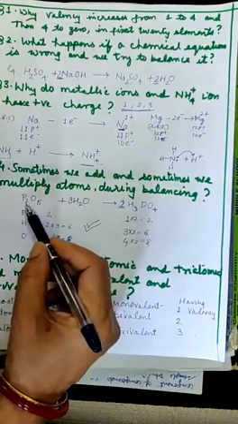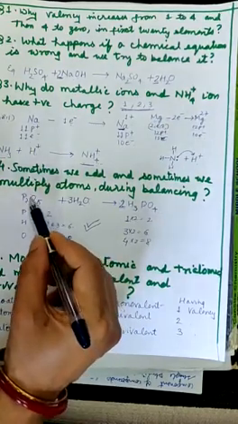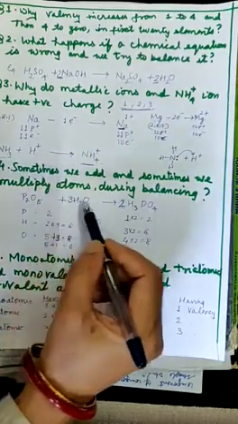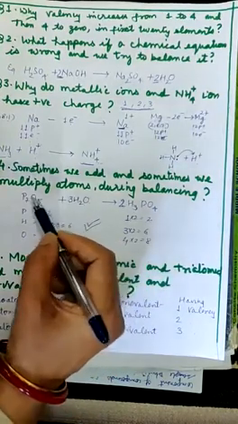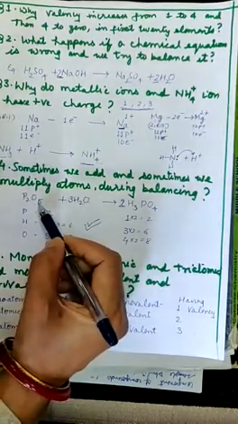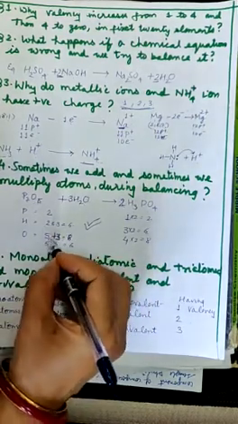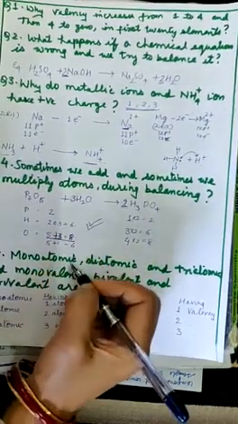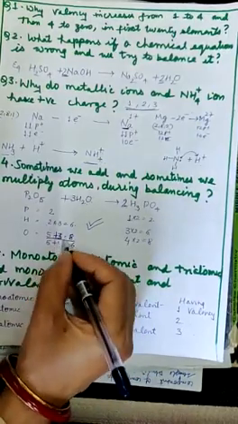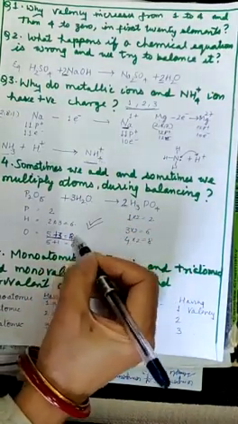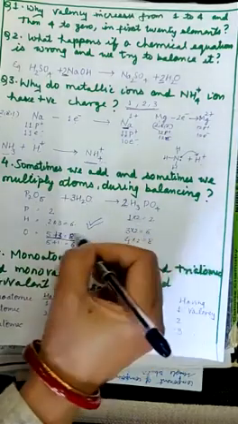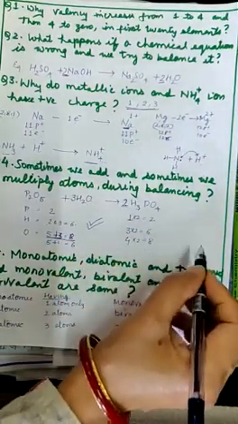Like oxygen is present at 2 places, one in phosphorus pentoxide, one in water. So there are 5 atoms of oxygen and 3 atoms of oxygen. So 5 plus 3 is to be added to make it 8. Previously it was 6. Now after balancing it has become 8, as on both sides the number of atoms is the same now, so it is balanced.